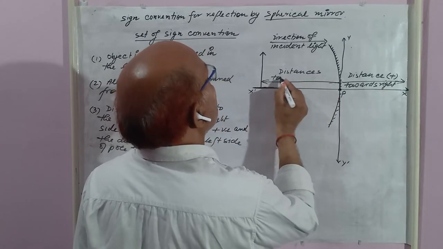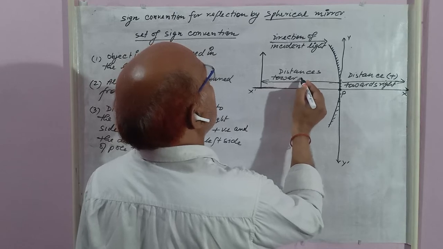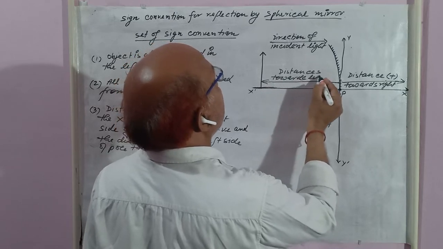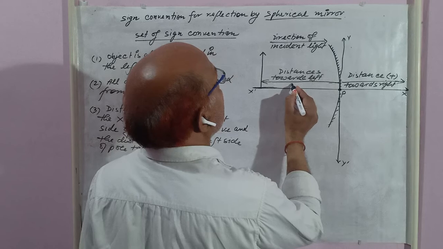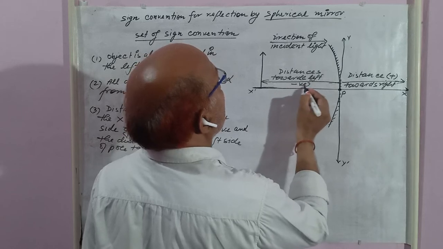Distances towards the left are taken as negative.